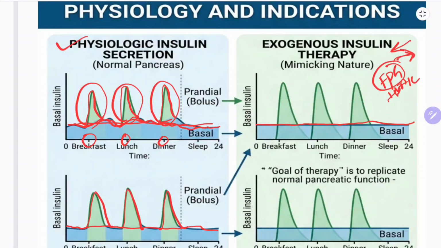But if fasting plasma glucose is met and HbA1c target is still not achieved, then we will plan for prandial insulin doses, either at breakfast, if the patient takes a good meal at breakfast, or at lunch, or at dinner. And if we start prandial insulin at one mealtime and the HbA1c target is still not reached, then we will move on to other mealtimes. That's how we give insulin therapy.